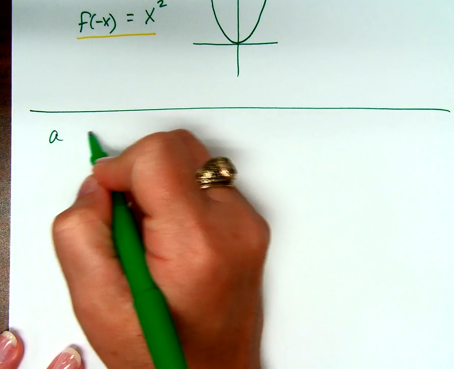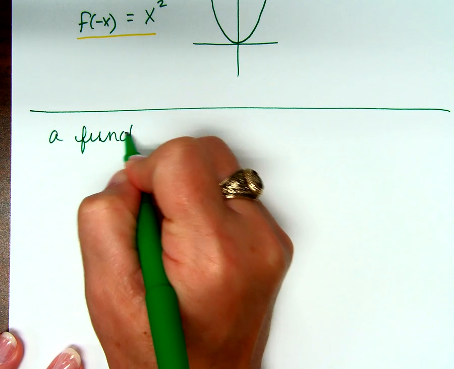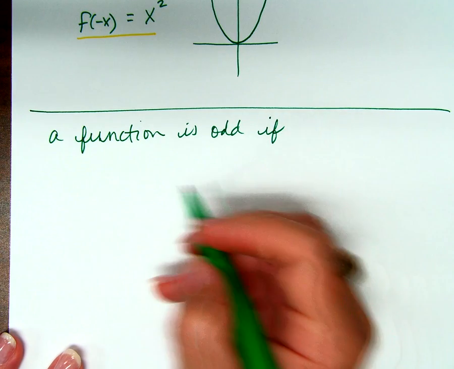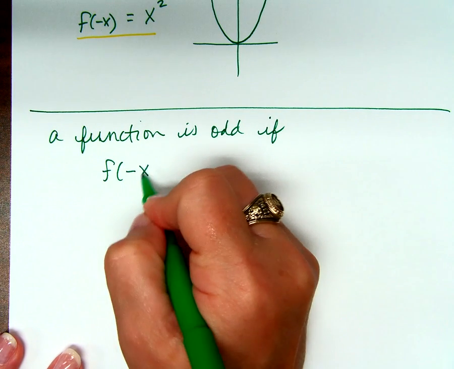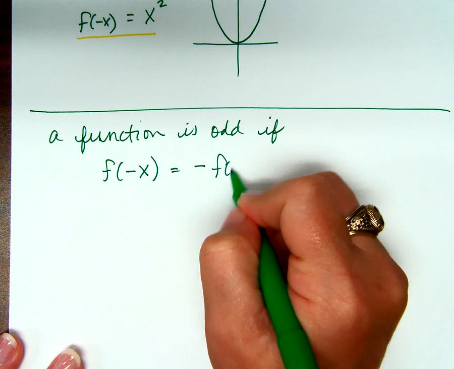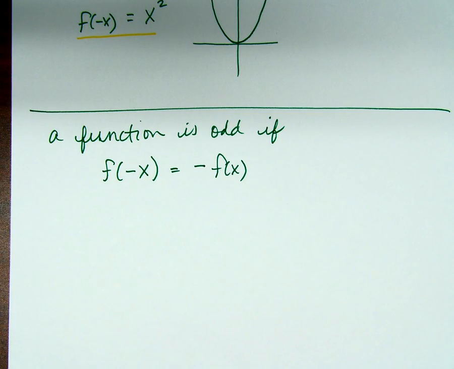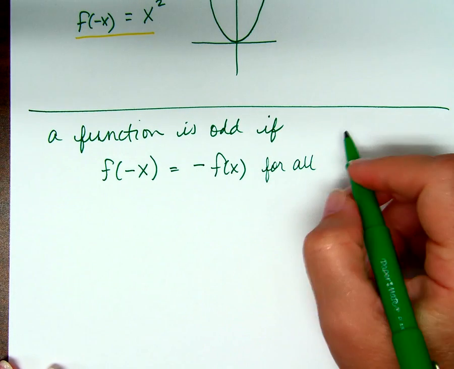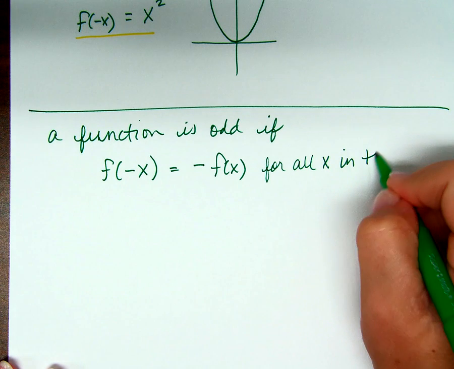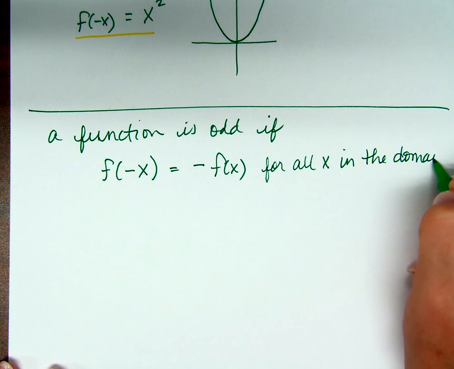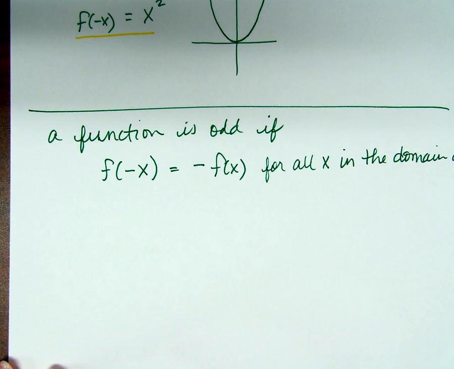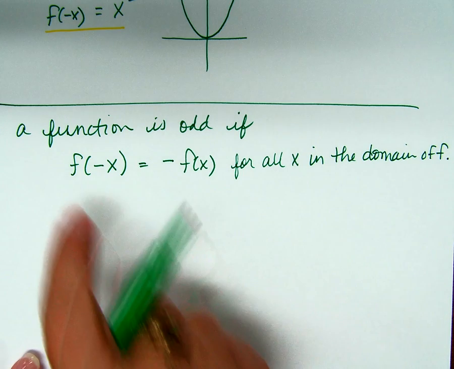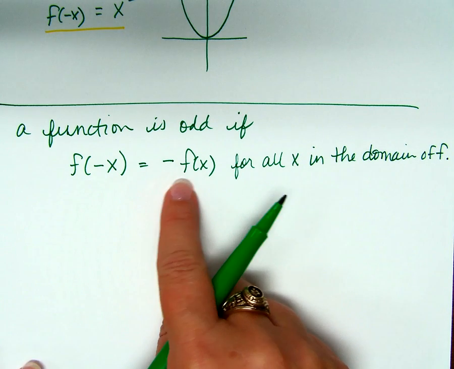A function is odd if f of negative x equals negative f of x. F of negative x equals negative f of x.